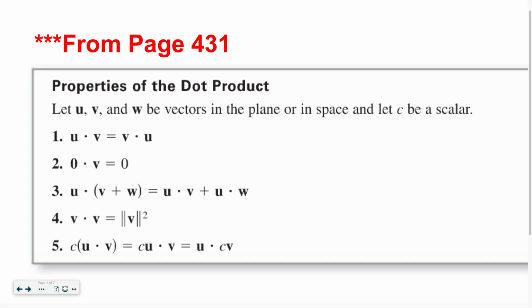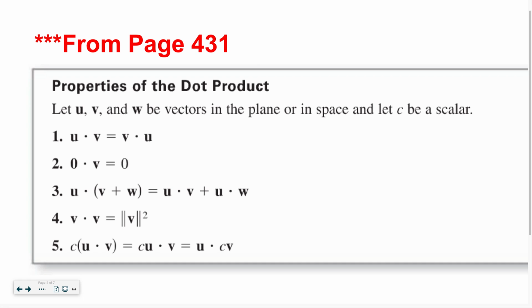If I do u dot v, it would be the same as v dot u, because the multiplication of your horizontal and vertical components is commutative, so it doesn't matter which way you multiply them. This is a bolded 0, so if you take a 0 vector, which would have 0 horizontal component, 0 vertical component, and do a dot product with another vector, then both parts are going to be 0. So you get 0 as your scalar.